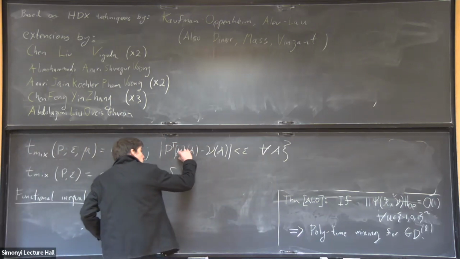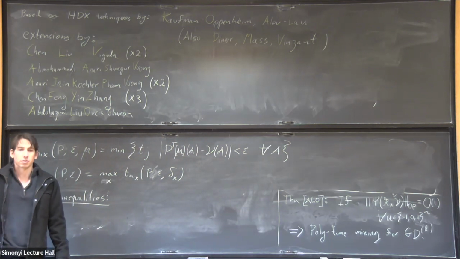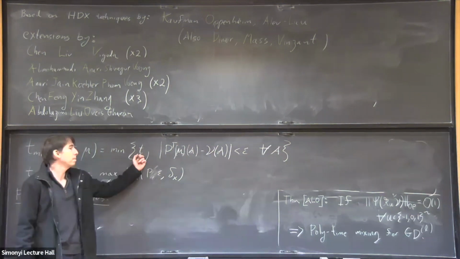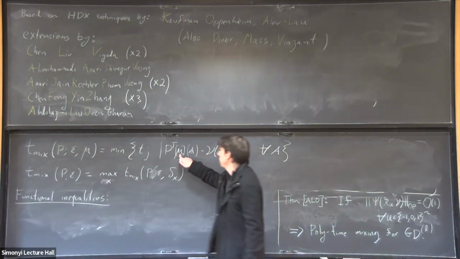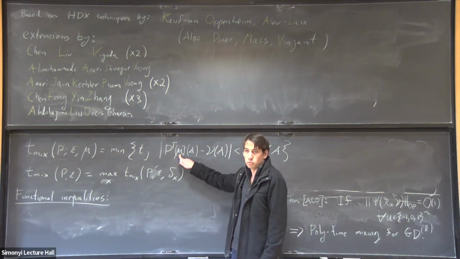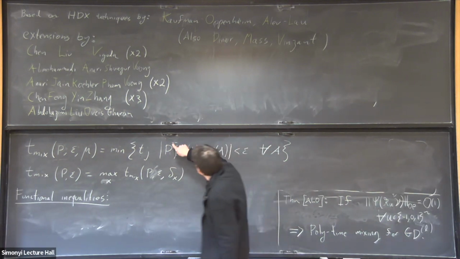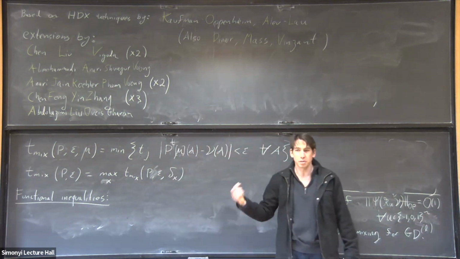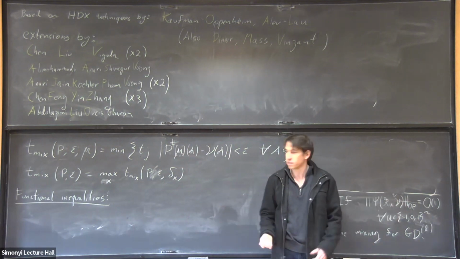We start with some measure on the first point of the random walk, and then we do the random walk for t steps. T-mix is just saying what's the minimal t such that if you start from the measure mu and do t steps of the random walk, so P^t, you invoke the operator P t times, you get some measure of where you are after t steps.